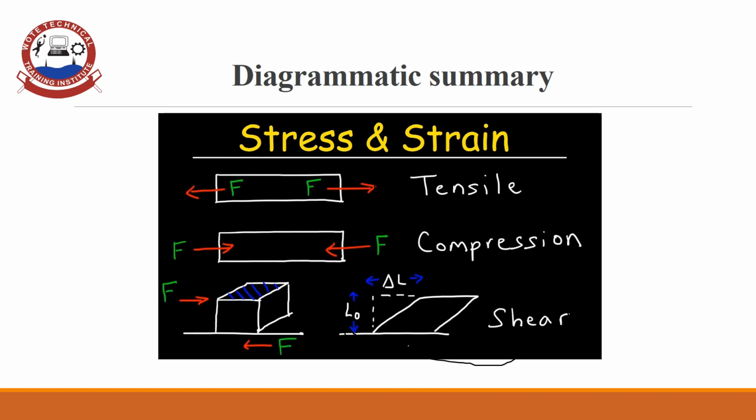Again, on strain, different engineering materials will have different strains depending on the amount of load applied on them. So you cannot talk about strength of materials and forget about stress and strain. They must be talked about. So I think that is a good diagrammatic presentation for stress and strain.